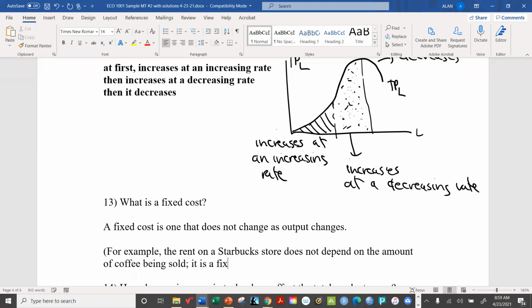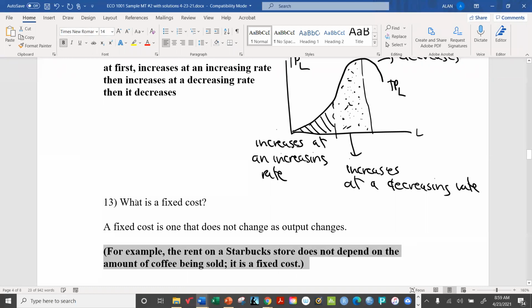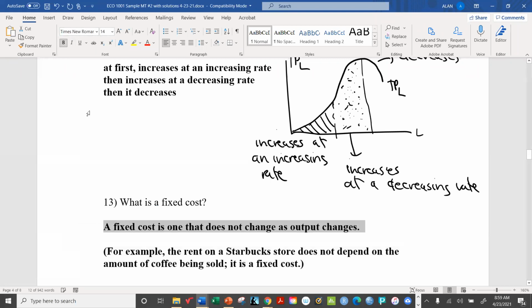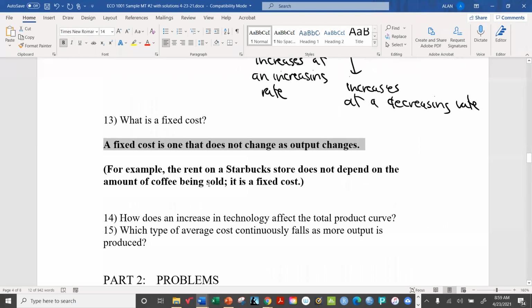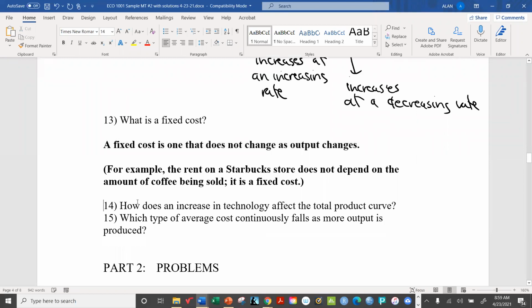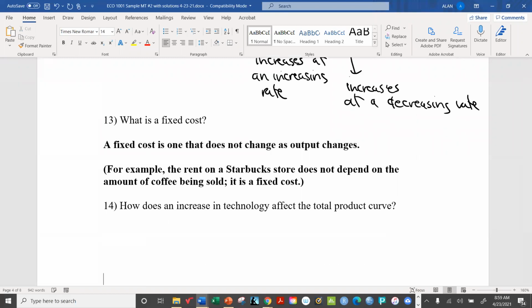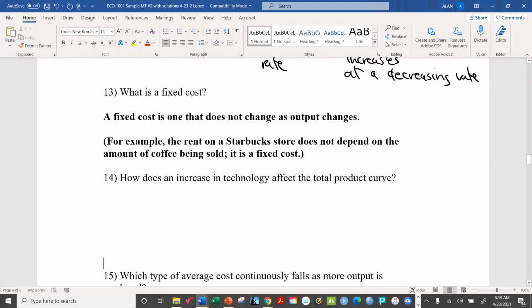It is a fixed cost. Okay, so they have to pay X dollars to the landlord every month, regardless of how much coffee they sell. That's what makes it fixed. All right. Now, of course, variable is the opposite. Those are the costs that increase directly as output goes up. That would be, for example, the coffee beans in this case.